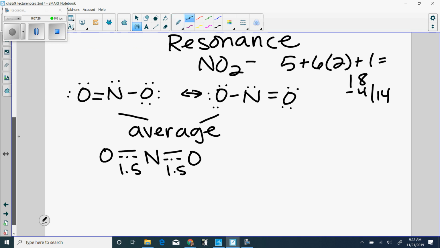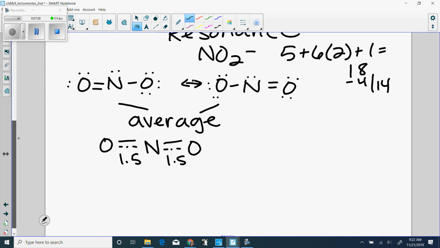In terms of average length, we learned yesterday that single bonds are the longest, then double bonds, then triple bonds. So this one is a double bond, and if you talked about it you'd say it's shorter than this one. Actually, they're both 1.5. So it has average length, and it has average strength as well. It has a strength of 1.5 and a length of 1.5.